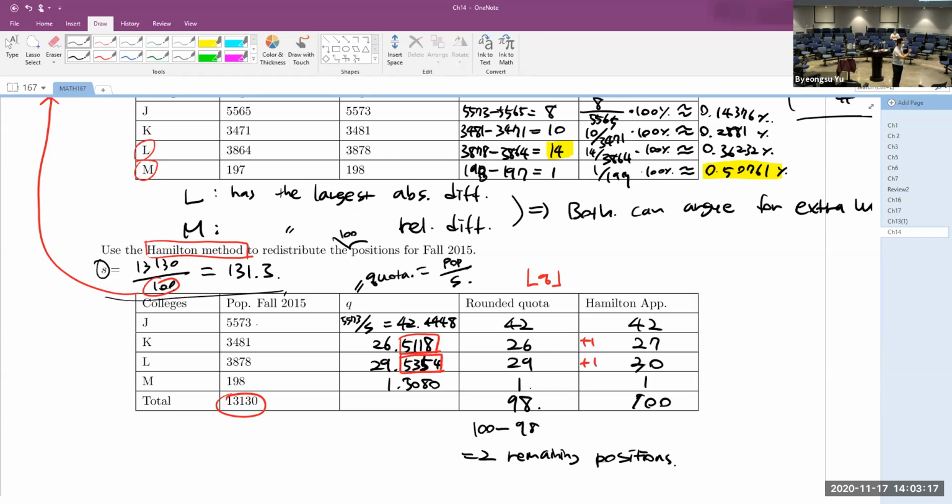If you have the highest decimal number, just give them 1. If you have the next highest decimal number, give them 1, and so on. So that's the Hamilton method.